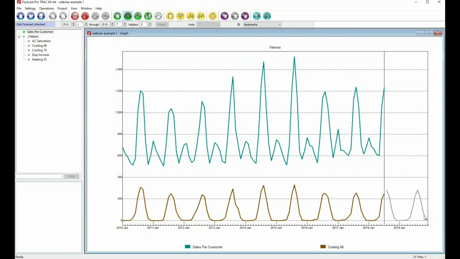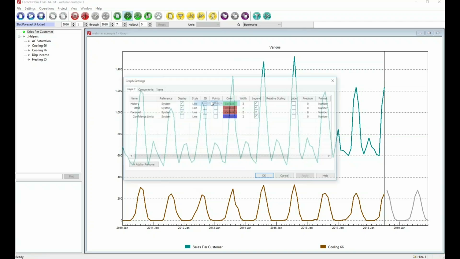These are based on what's normal for this variable. I believe it's based on averages from prior years, and that's best practice in the industry, to do things based on normal temperatures. So at this point, we're definitely thinking that cooling 66 is a good variable to be considering.